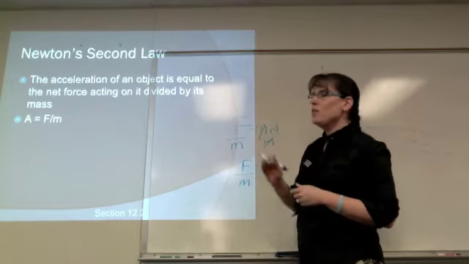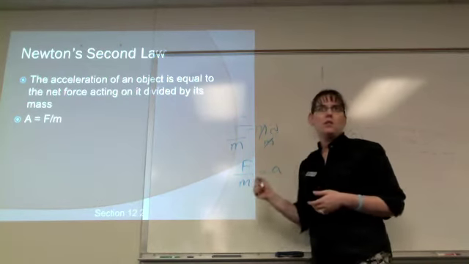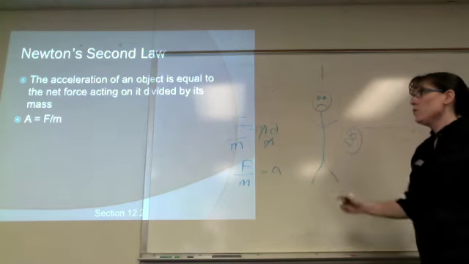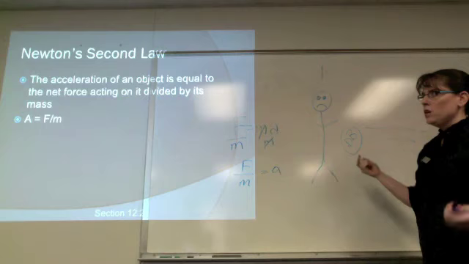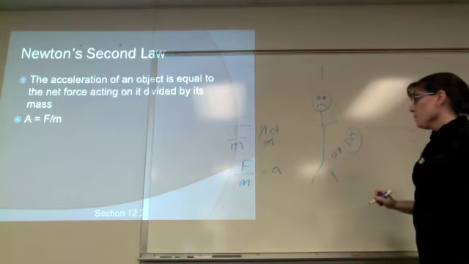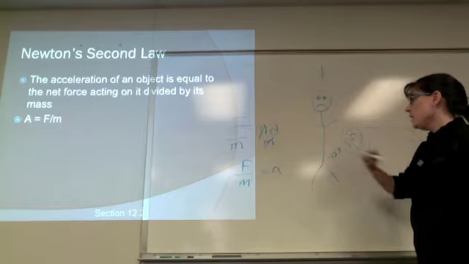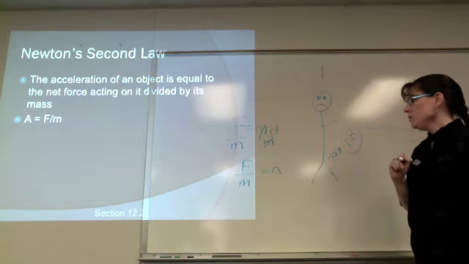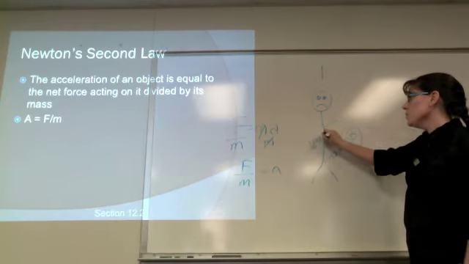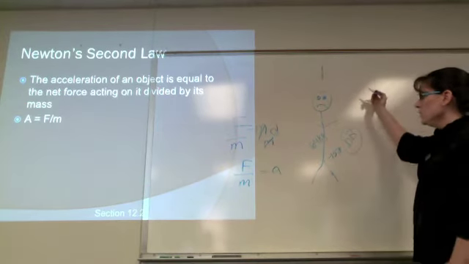And really that a could be lowercase or uppercase. The a stands for acceleration. If you've got Dodgeball Guy and he's hit with a force of 15 newtons in the negative direction, and he weighs 64 kilograms, which is 140 pounds.